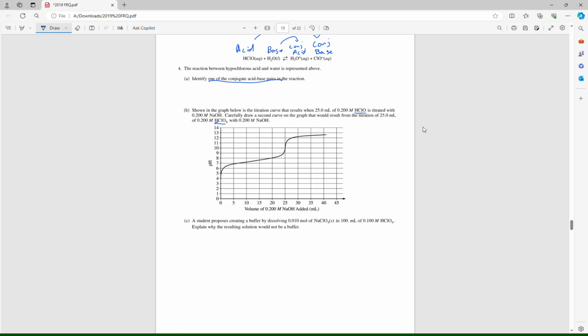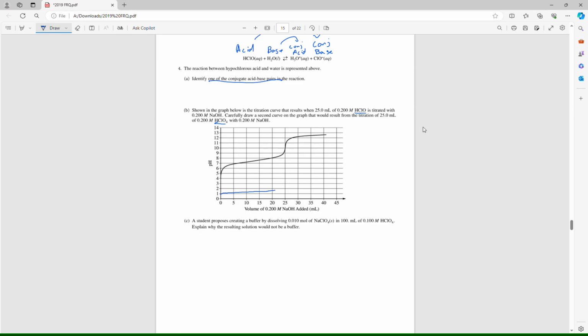In this group of acids, the strength increases the more O's you have, and HClO4 is the strongest one. So HClO2 is stronger than HClO, HClO3 is stronger than HClO2, and HClO4 is the strongest of them all. So since it's a strong acid, it's going to start with a much lower pH, and that pH is going to increase slowly.